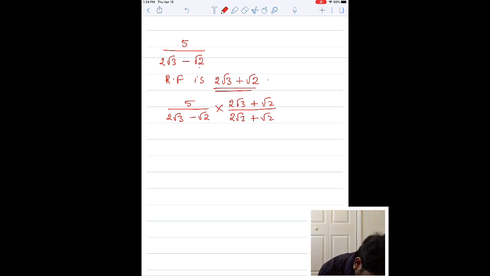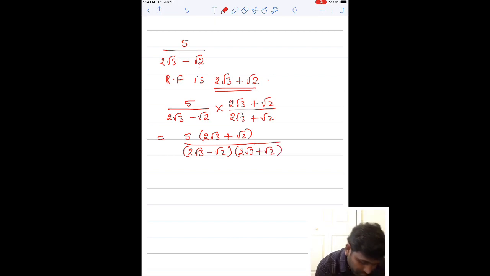So what is the next step? We will multiply numerator with numerator: 5 is multiplied to 2 root 3 plus root 2, and denominator is multiplied to denominator: 2 root 3 minus root 2 multiplied to 2 root 3 plus root 2.